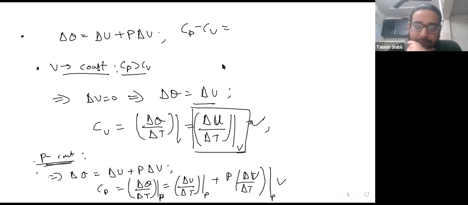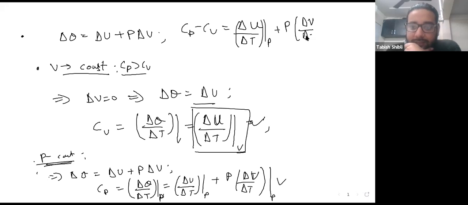So, okay, I'll just write this down. Delta U by delta T at constant pressure plus whatever pressure you have, P delta V by delta T at constant pressure, minus delta U by delta T at constant volume.